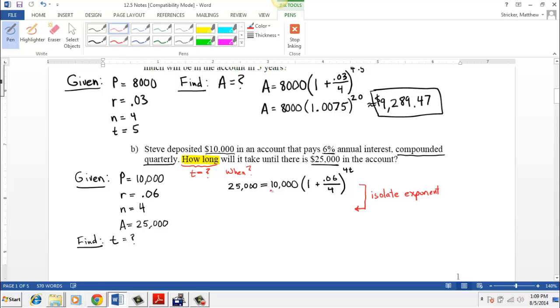And of course how we do that, in this case, is to divide by 10,000 on both sides. Because if we divide by 10,000, then those go away on the right hand side, and 25,000 divided by 10,000 is 2.5.